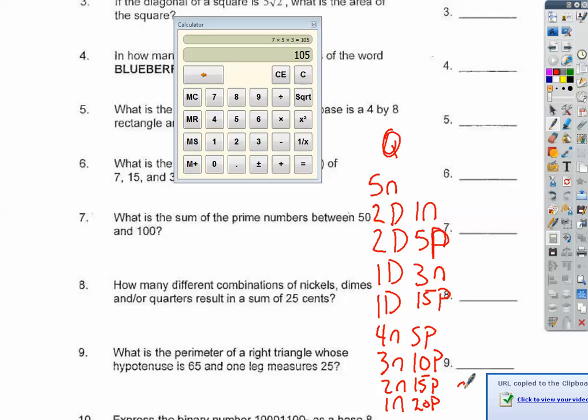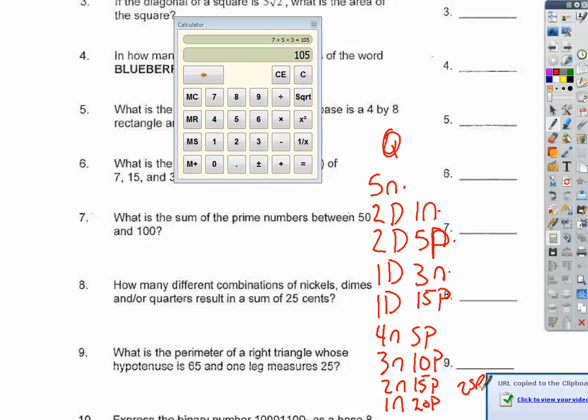Then you could have 25 pennies. And so it says, how many different combinations of nickels, dimes, and/or quarters result in a sum? So I'm getting 1, 2, 3, 4, 5, 6, 7, 8, 9, 10. So I get 10 different ways of doing this.